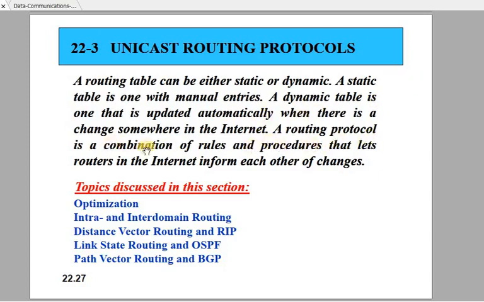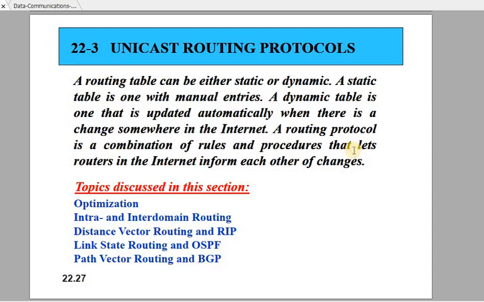Routing protocols are a combination of rules and procedures that let routers in the internet inform each other of changes. So routing protocols help to keep updated on the network participants and the various links that are available among the machines. These are the various concepts that we are going to learn.